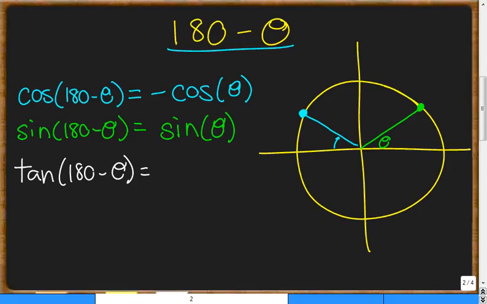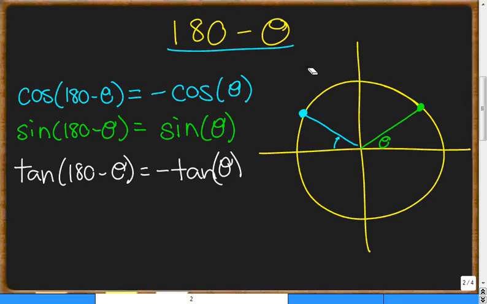It's not going to make things quite perpendicular, but we can look at this and say that it's normally our y over our x, or our sine over our cosine. Sine over a negative cosine is going to be negative. And so this is actually negative tangent of theta. So we end up with the opposite value there. And again, remember we talked about tangent being positive here, negative here, positive here, negative here. You can kind of see that it would just flip in that way.